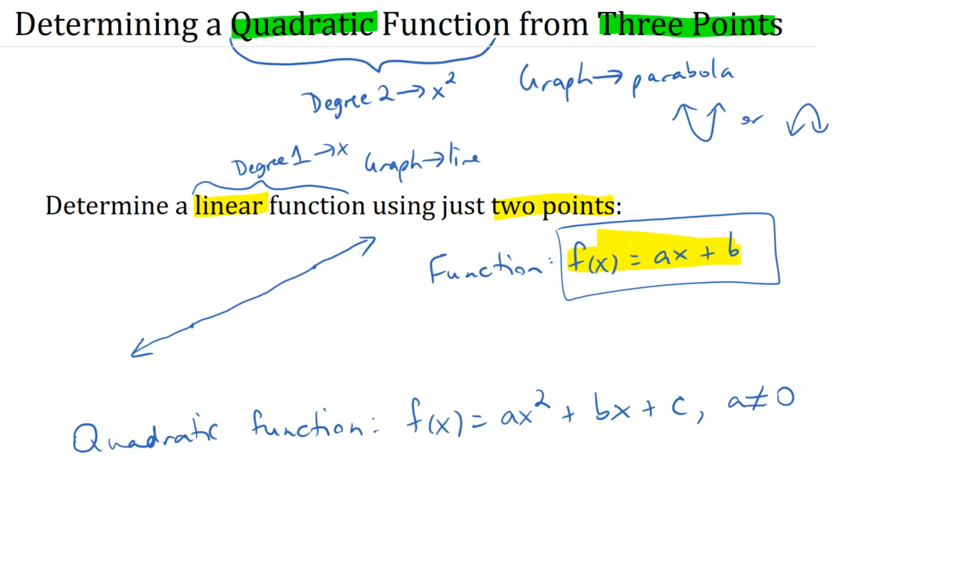Alright, so what we're going to do is look at how do you determine this type of equation from 3 points on the graph. It's not as straightforward as a linear function. You should probably have done that before. So let's talk about this. So let's do an example.